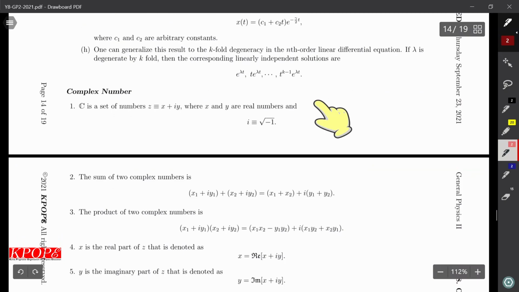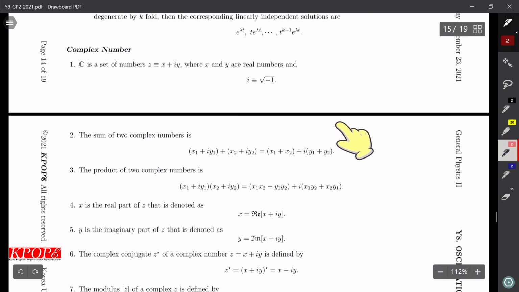Okay. Next, we consider some complex numbers. Complex numbers are very convenient to solve the damped harmonic oscillator and many solutions of the second order differential equation. In the future, even after we complete the circuit analysis for the RLC circuit, we will study some diffraction patterns and interference patterns relevant to light wave interference.